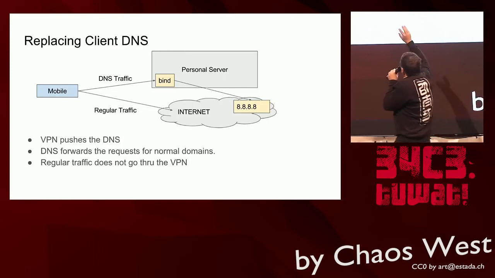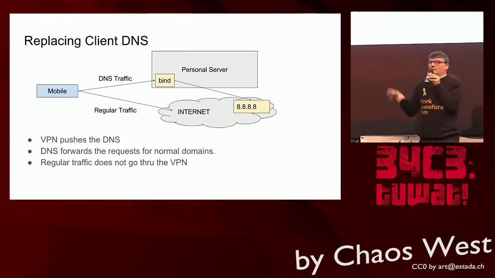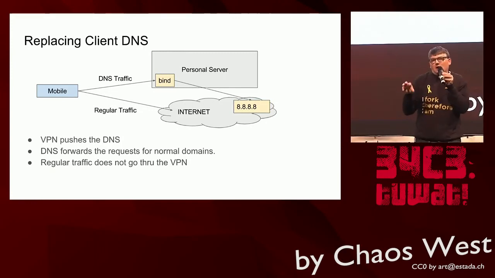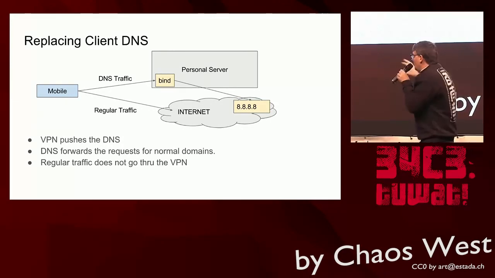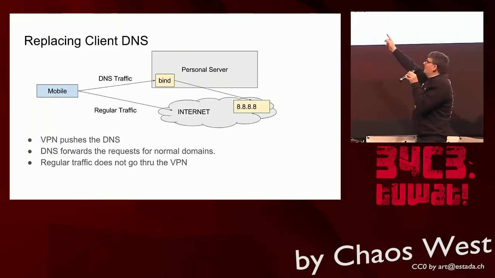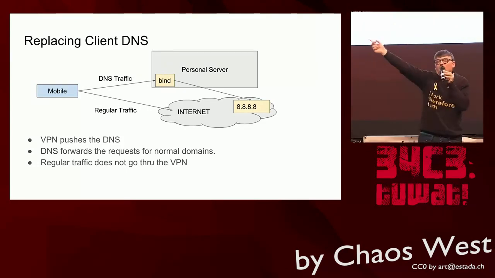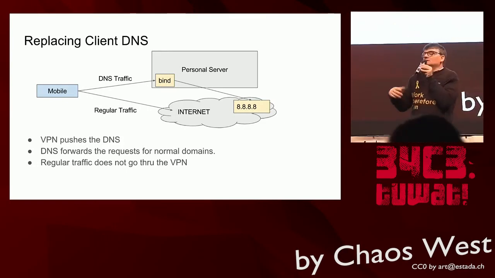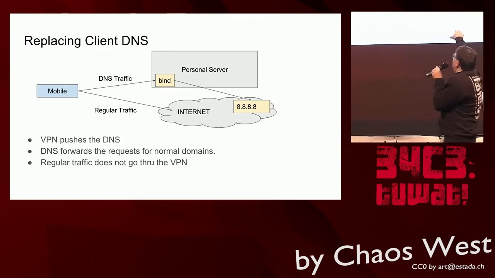So what we do is we create in our personal server a BIND or a DNS resolver software, and when the client connects to the VPN, the client will actually use our DNS instead of their standard DNS.